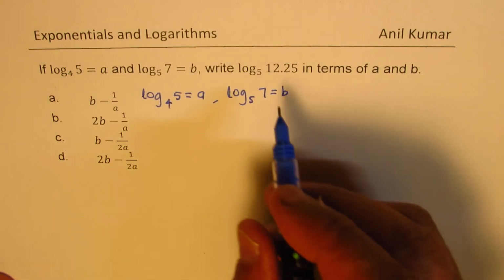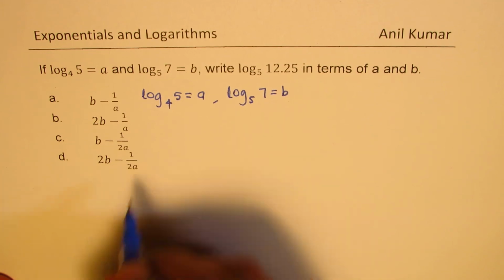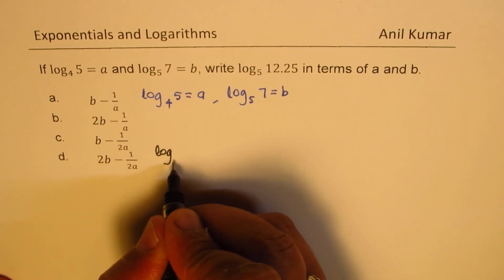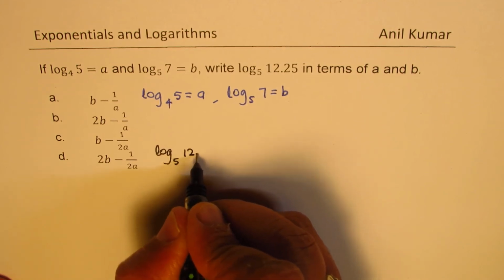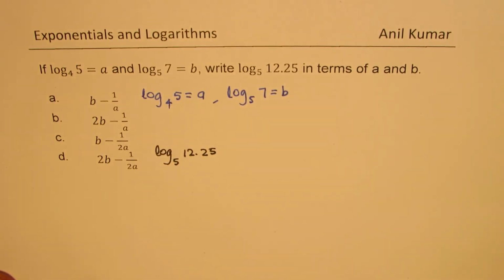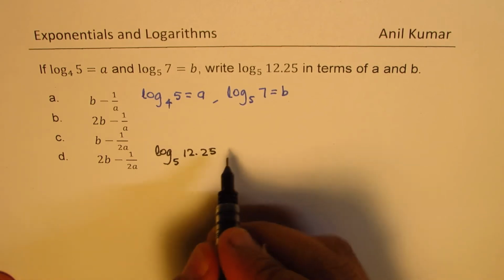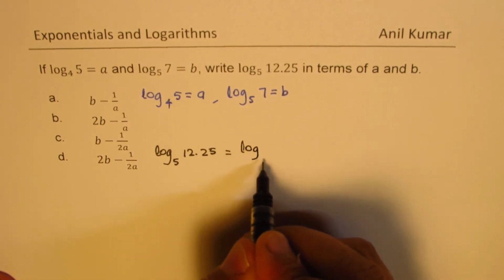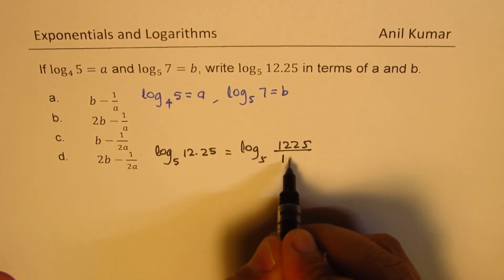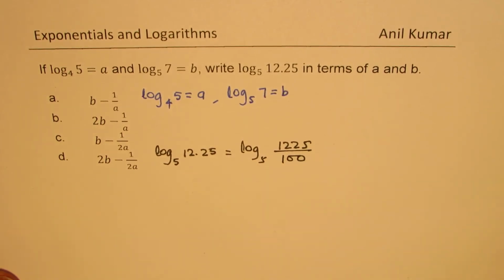We want the answer in terms of a and b. Now here we need to work on log to the base 5 of 12.25. Now what is 12.25? Okay, so we could think about log to the base 5 of 1225 over 100. Just try to convert what this is equal to, right?